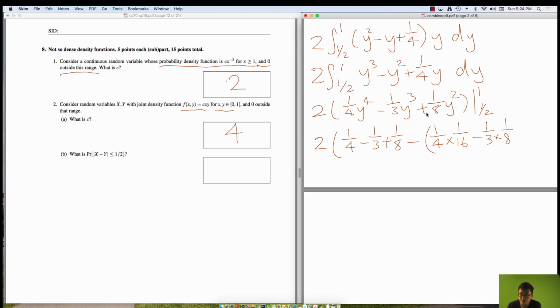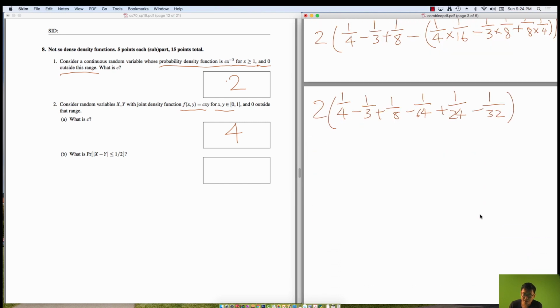And if I evaluate y at a half here, I get 1/8 times a half squared, which is 1/4. So I get 2 times 1/4 minus a third plus an eighth minus 1/64 plus 1/24 minus 1/32.